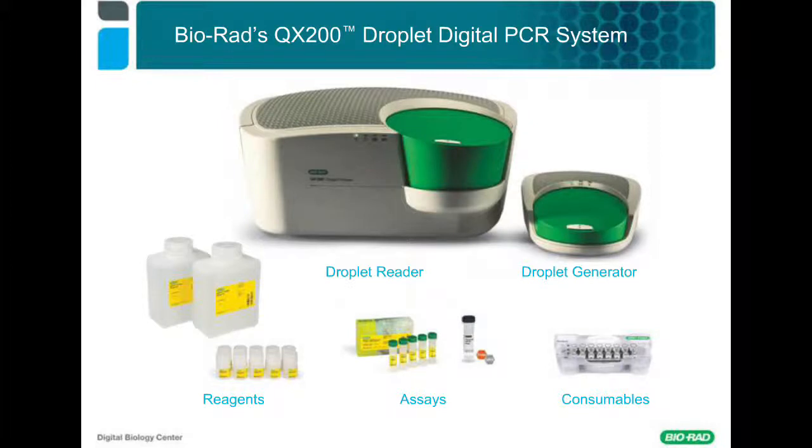The droplet reader instrument can read a full 96-well plate in about 2.5 hours. This system gives the user great flexibility by allowing for a broad range of sample throughput. By empowering the user to decide how many samples to run, from 1 to several hundred samples can be analyzed in a single workday.